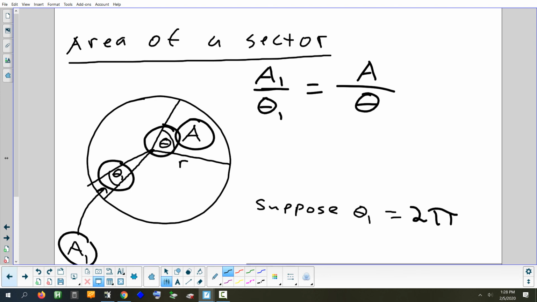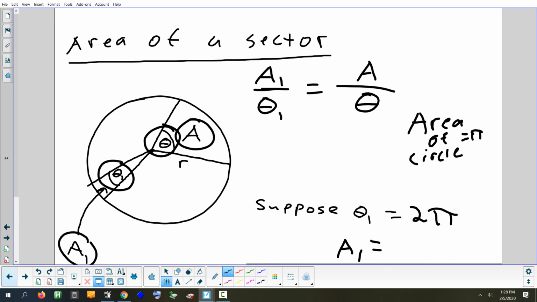That automatically makes A1 the area of the whole circle. We just need to remember the formula for the area of a circle. Anybody remember what the formula for area of a circle is?